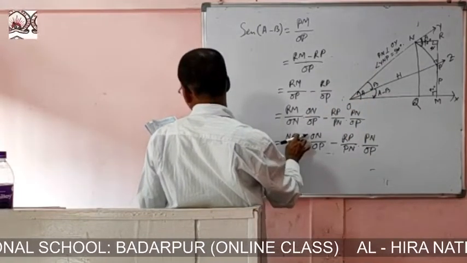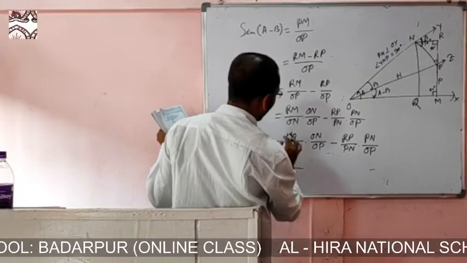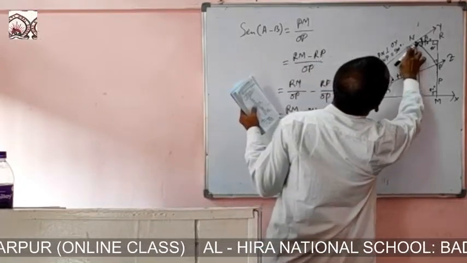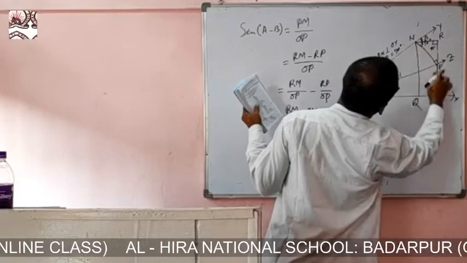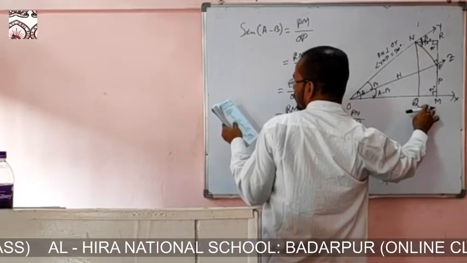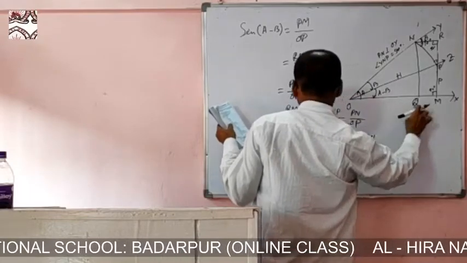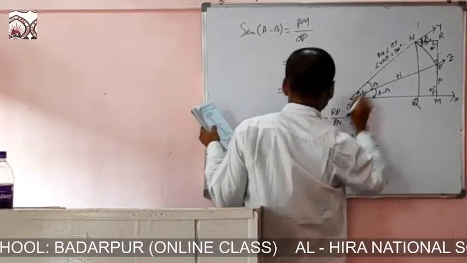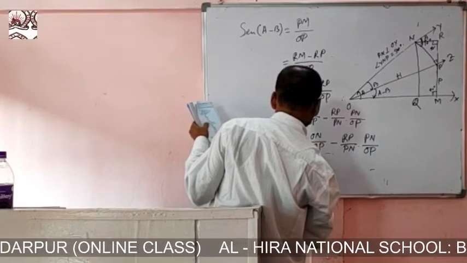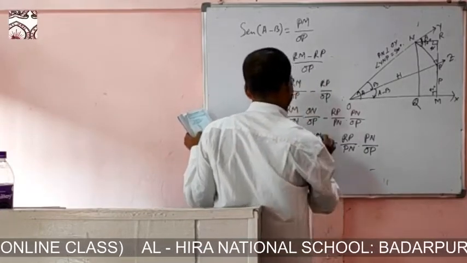So what is NQ? NQ is perpendicular, and ON is hypotenuse. So perpendicular by hypotenuse into ON by OP.